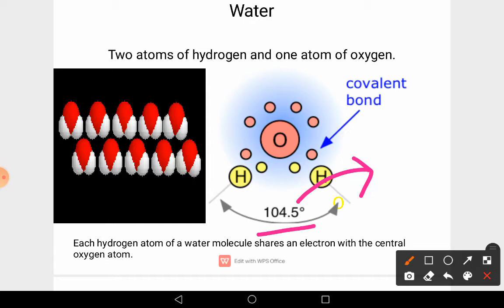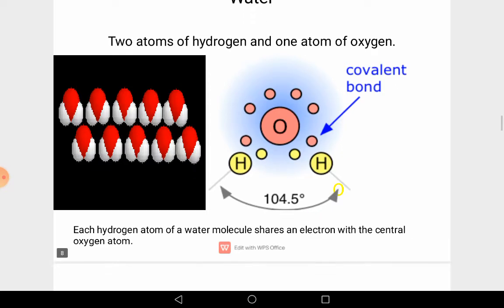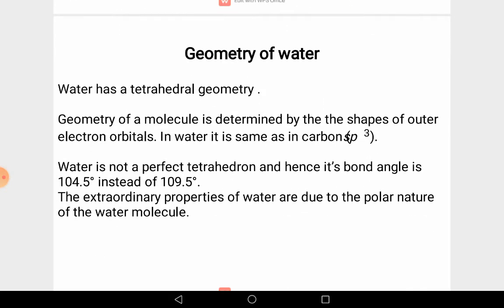So this structure is very similar to carbon chemistry. Water also has a tetrahedral geometry. The geometry of a molecule is determined by the shape of the outer electron orbitals. In water it is the same as in carbon, sp3 hybridization. Water is not a perfect tetrahedron, and hence its bond angle is 104.5 degrees instead of 109.5 degrees.